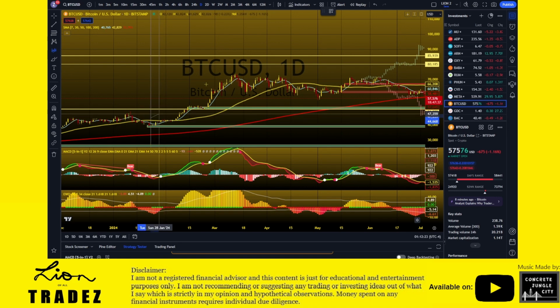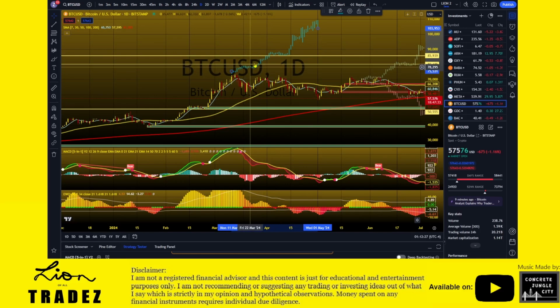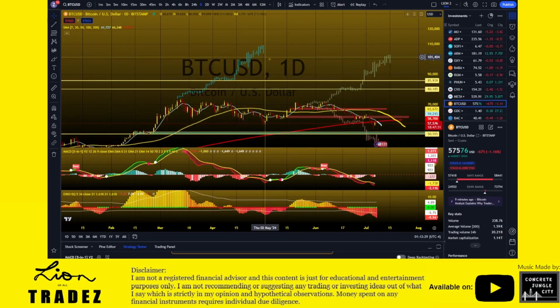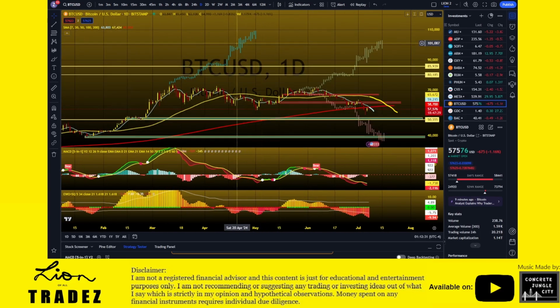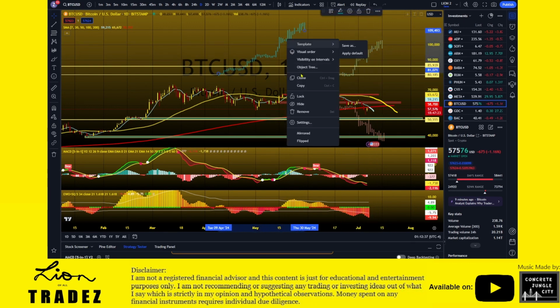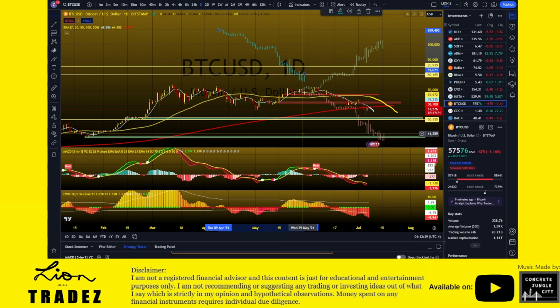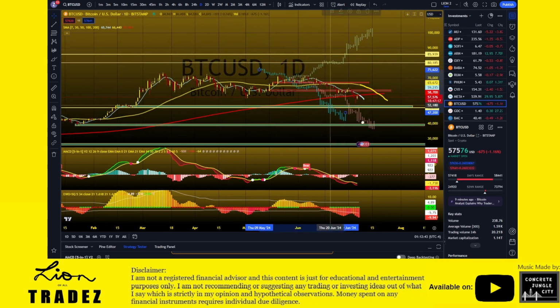You take a certain point here, make a copy of that pattern, and then you line it up here, or you can just mirror it like that and bring it down to give you the bearish side of things.